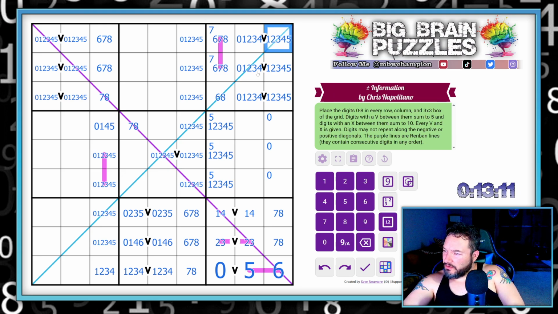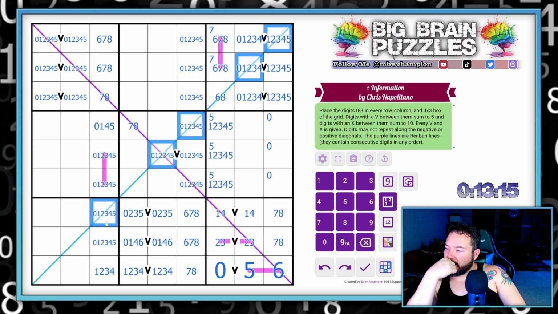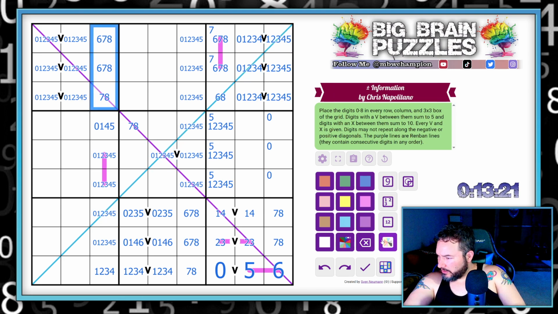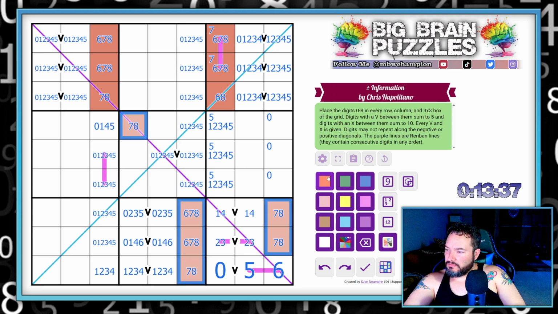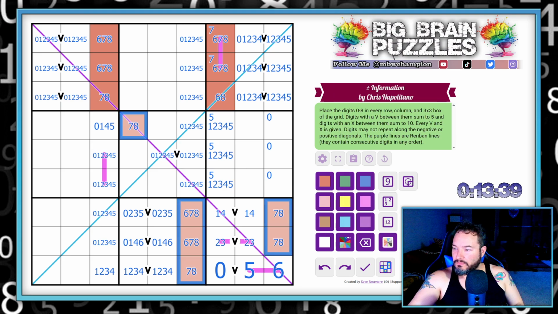How many are here? 1, 2, 3, 4, 5. I feel like I want to actually color these so that we can see the high numbers. I won't color the other ones because just know that it's the opposite.